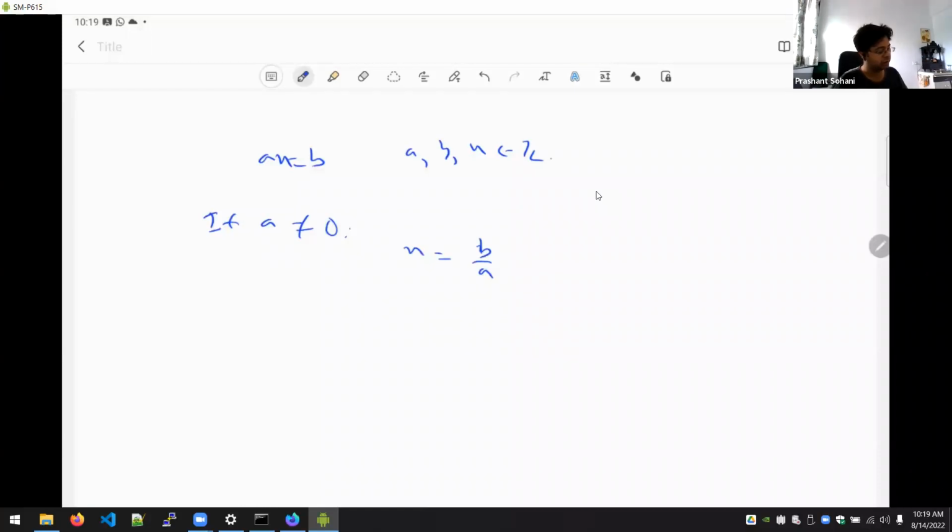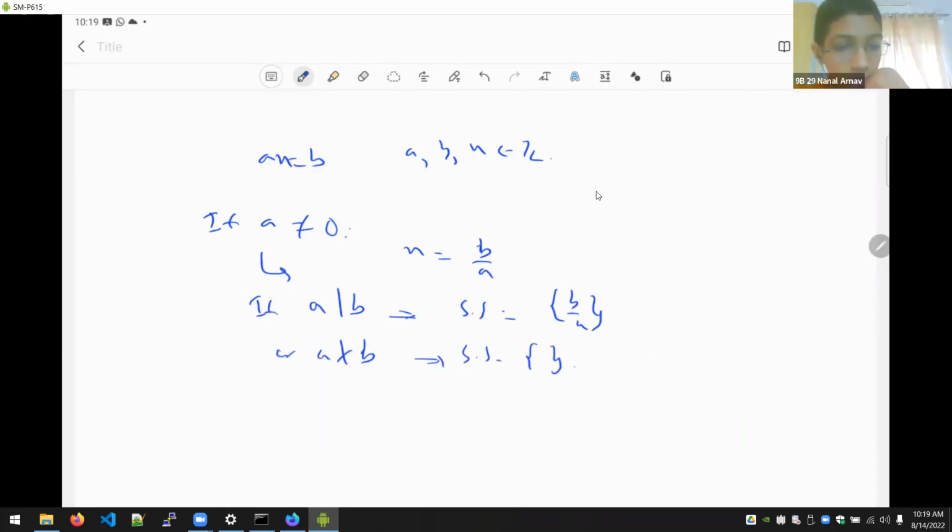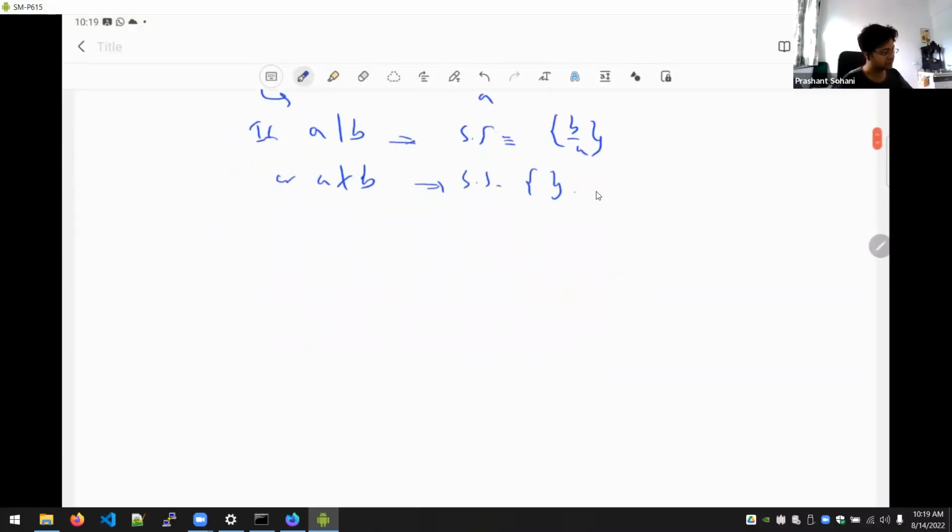So this is only true if, here you have to make two cases, right? If a divides b or a does not divide b. If a divides b, only then you can claim the solution set is b by a. If a does not divide b, then the solution set is empty. So this was the point. Of course, this is trivial, but just to make sure everybody understands.